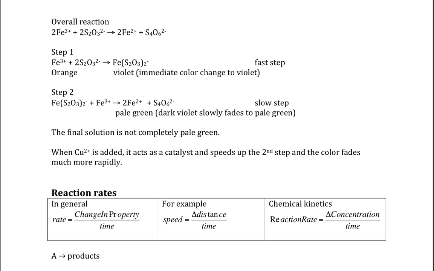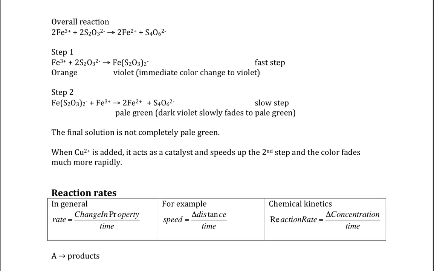When we combine the reactants, Fe3+ and S2O3 2-, we see an immediate change in the color from orange to violet, not pale green. Slowly, the violet color becomes a pale green, but it doesn't go completely to pale green.